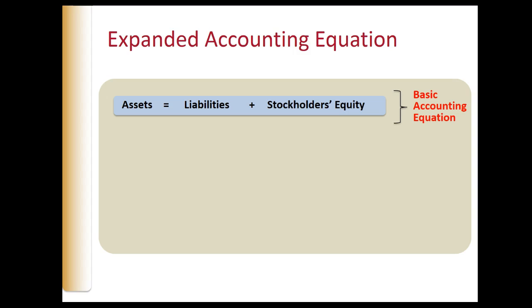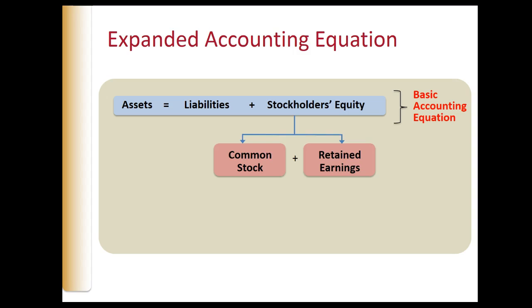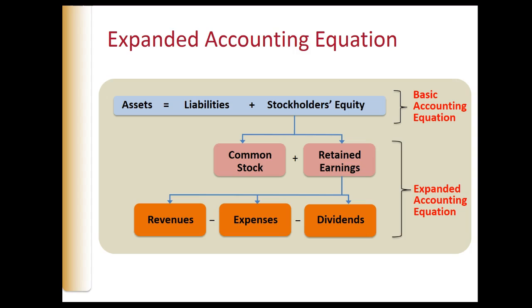So we can split the stockholders' equity into its two components. We can split it into common stock and retained earnings. Now, common stock represents investments by stockholders, while the retained earnings represent net income earned over the life of the company that's not yet been distributed to stockholders in the form of dividends.